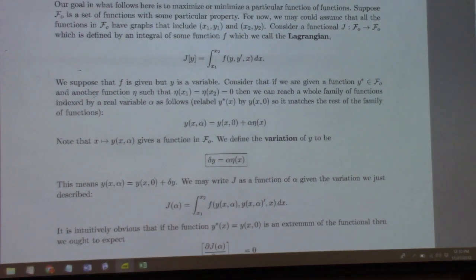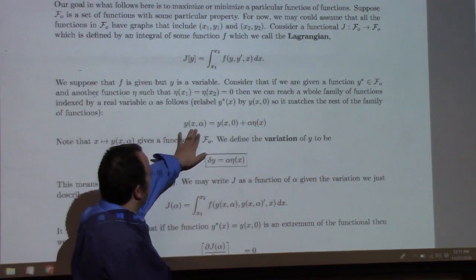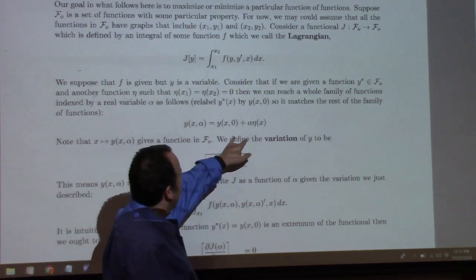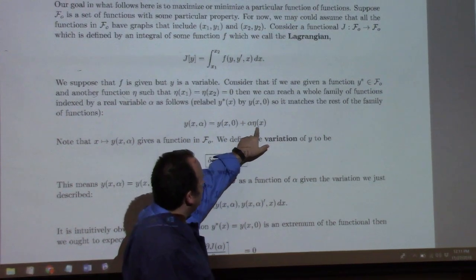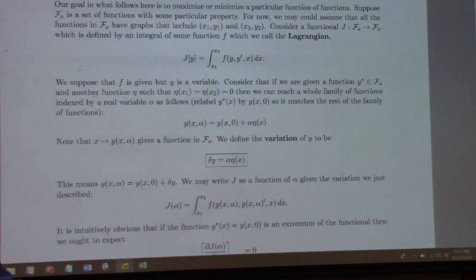And I study in these notes the condition that, what I'm looking at is a family of functions y of x comma alpha such that we vary the function by this little variation eta of x, as alpha varies, and the eta of x is chosen so that it's 0 at the endpoints.